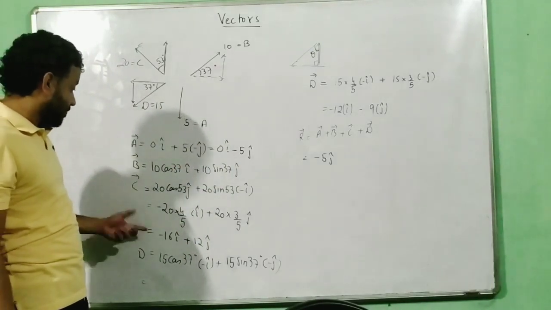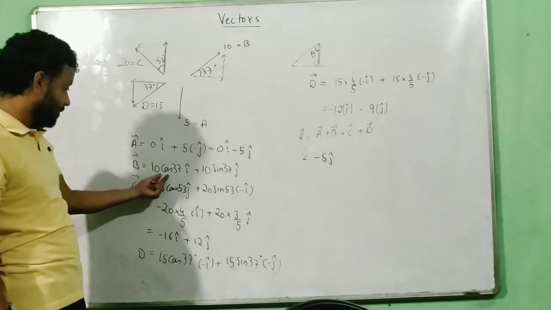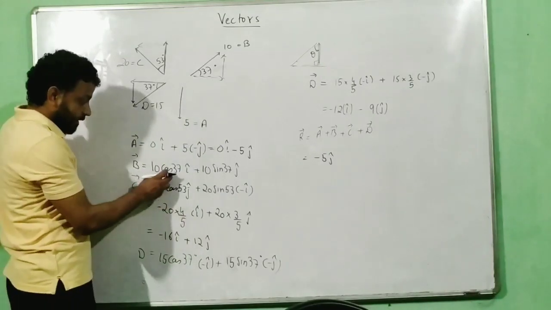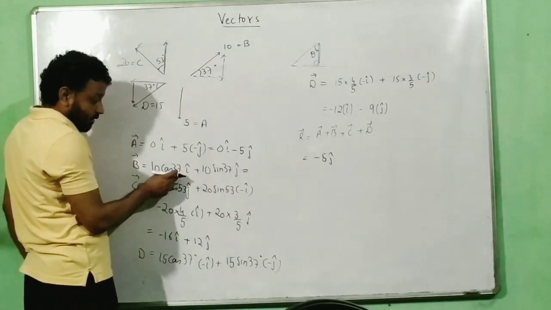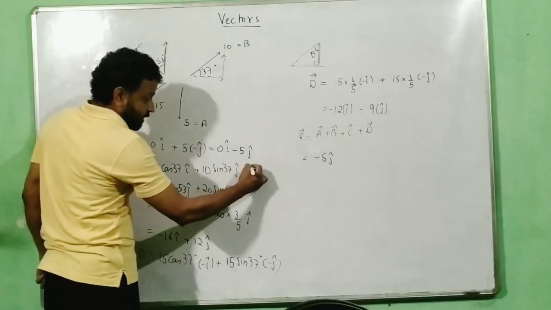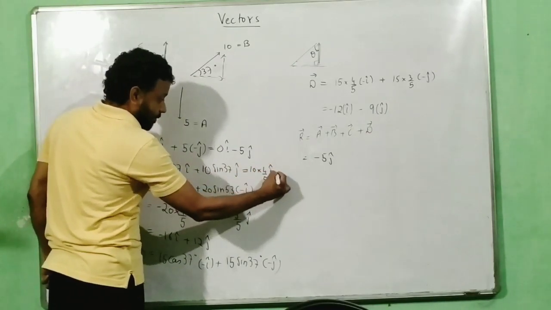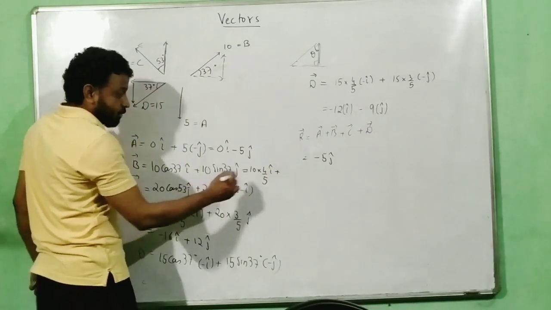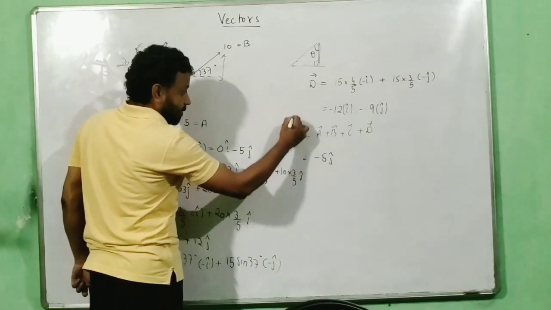B vector, okay, I didn't simplify the B vector. Now if I just simplify the B vector, cos 37 is 4 by 5, so this becomes 10 into 4 by 5 I cap plus 10 into 3 by 5 j cap.